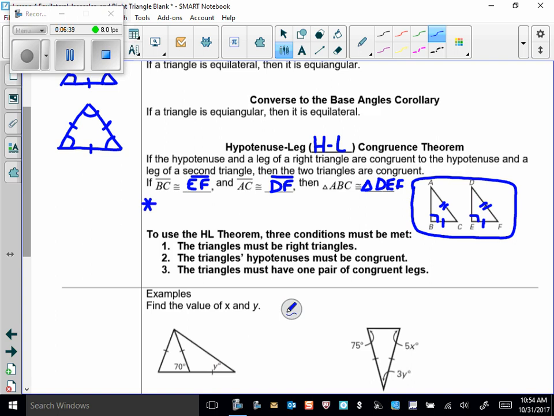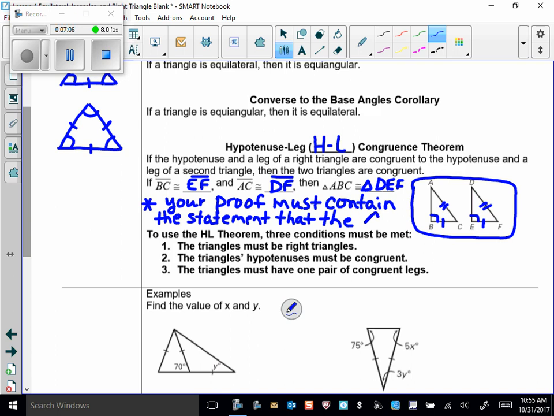And let me write a little note here that's really, really important. If you use the HL theorem in a proof, your proof must contain the statement that the triangles are right.